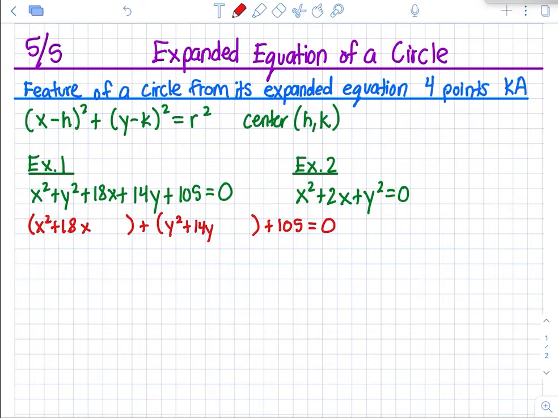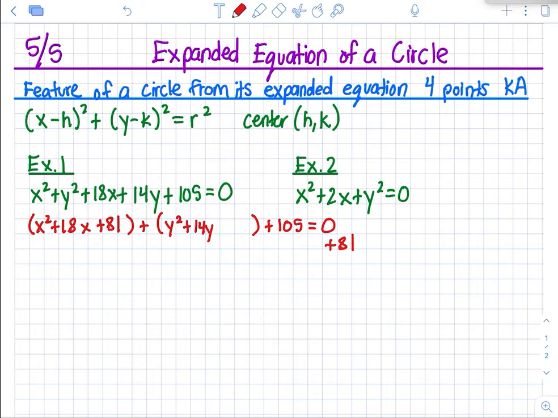So half of 18 is 9. 9 raised to the second power is 9 times 9, which is 81. Now, since we added 81 to the left-hand side of the equal sign, we have to add 81 to this side. So we're going to add 81 to that side.